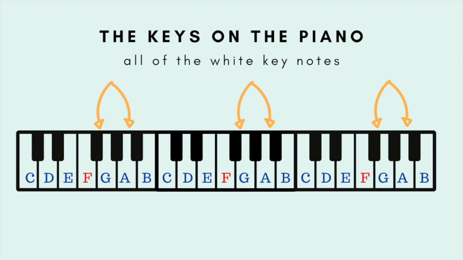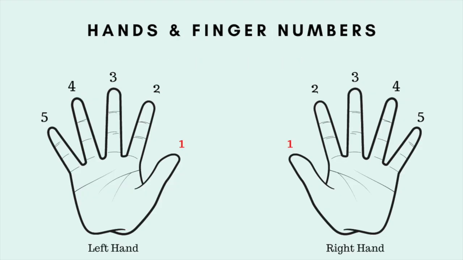Now, when you play the piano, your fingers have numbers, and these finger numbers are seen in actual piano sheet music that will help you determine which finger to play at what point in the music.